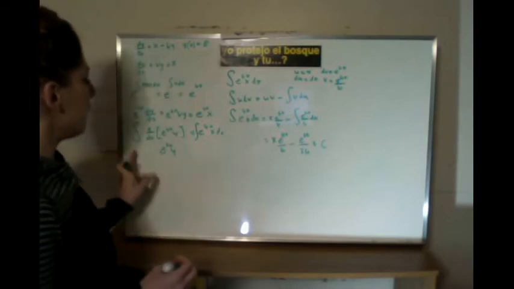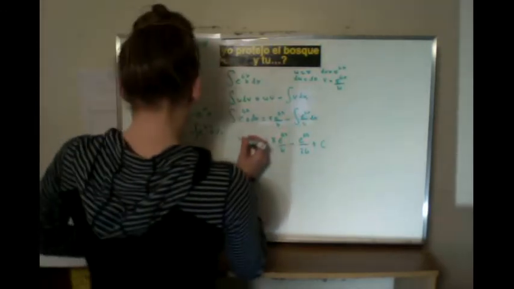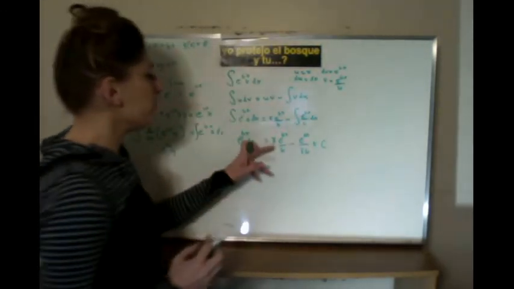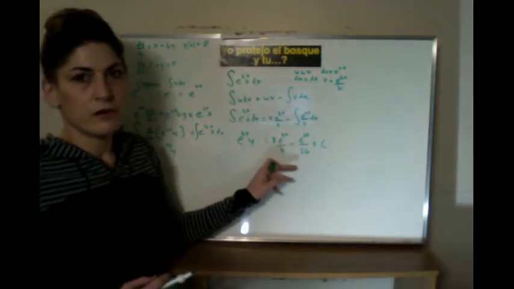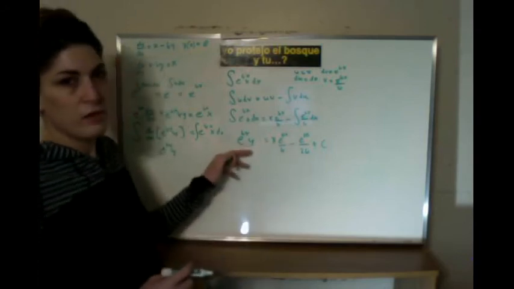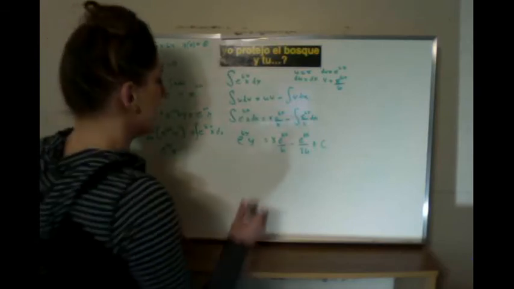We can now set the left side equal to the right side to give us e to the 6x y equals x times e to the 6x over 6 minus e to the 6x over 36 plus c. Next, we want to solve for y to give us the general solution as a function of x.